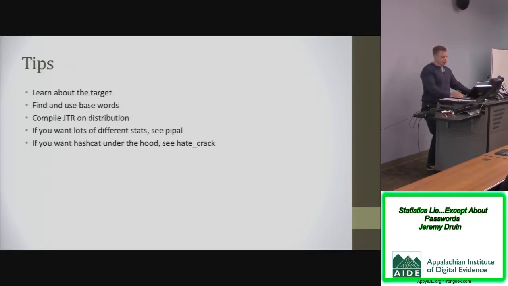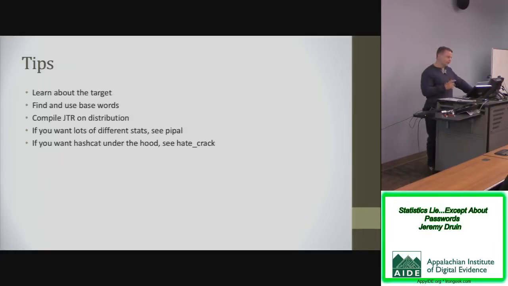There's another program, PIPAL, that does a great job with the password stats. So if you really want to see a lot of different stats from a lot of different angles on the passwords, then PIPAL is a great tool to check out. Robin Wood wrote it, and it's on his site, DigiNinja. Can't remember if it's .org or what, but it's the DigiNinja site.